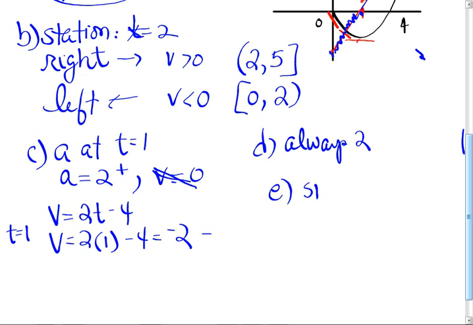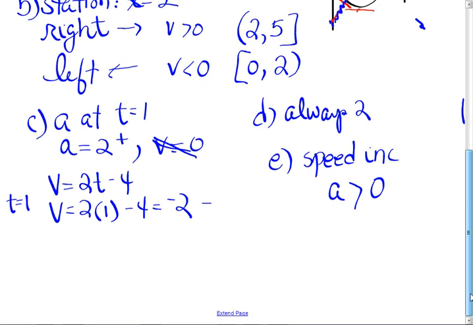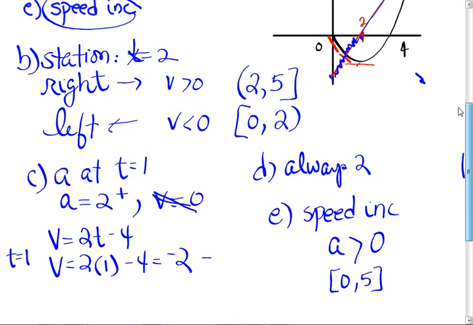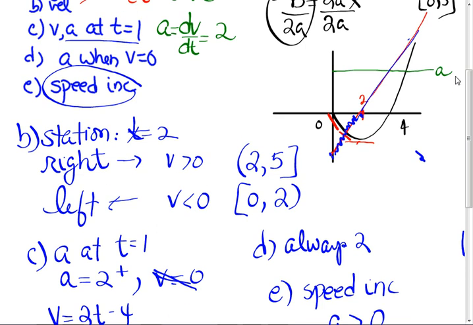Your speed is increasing. The acceleration has to be what? Positive. We don't have that formally down yet, but if you think about it, where is the speed increasing? Where is the acceleration positive? Everywhere on 0 to 5. But you'll have to look at your graph or your function to see. A is always positive.